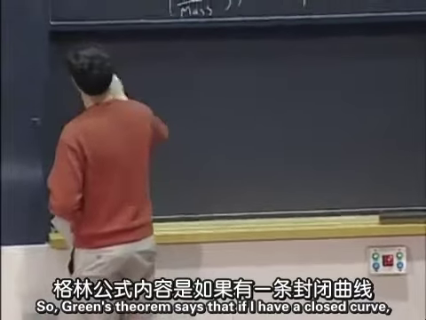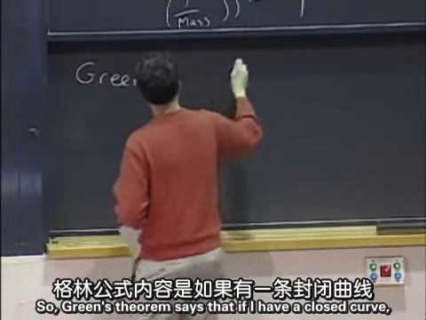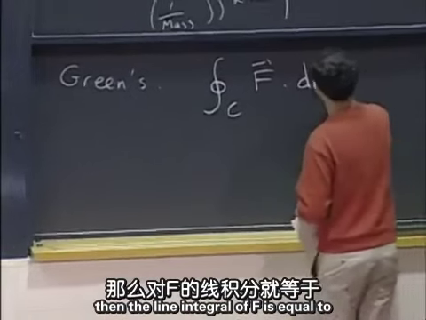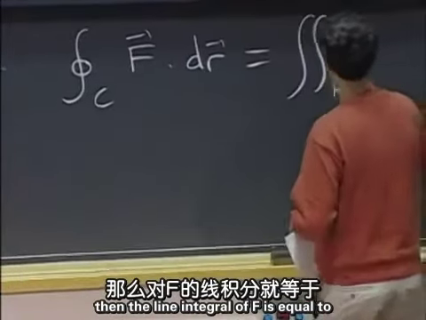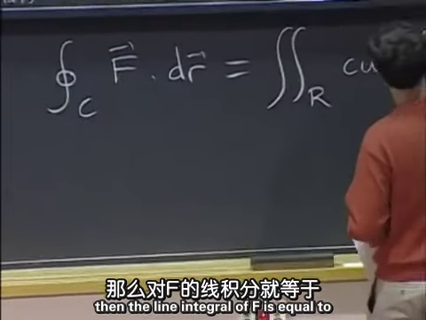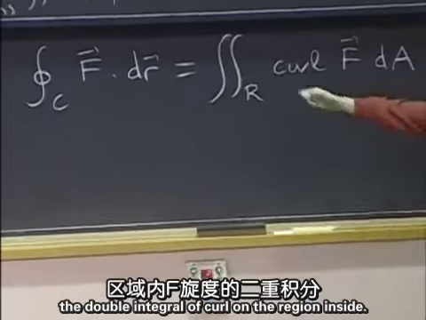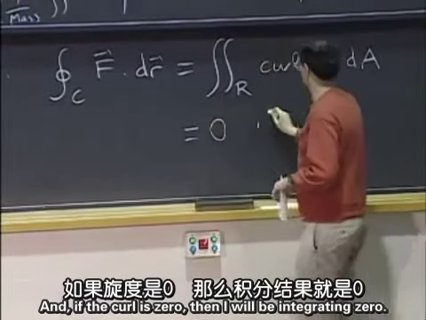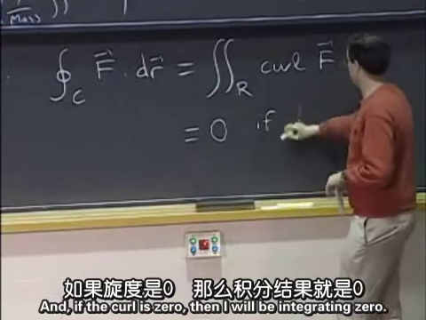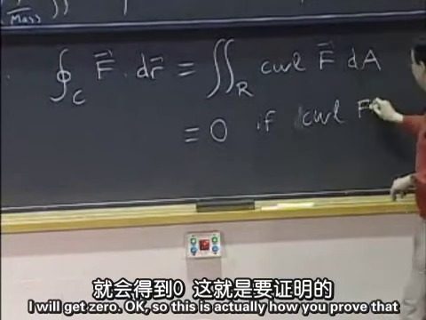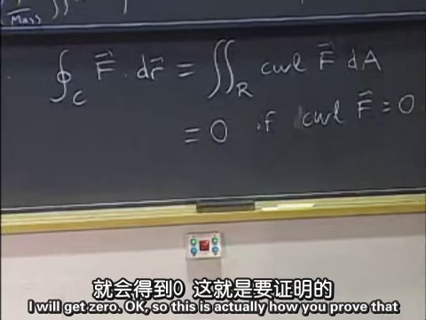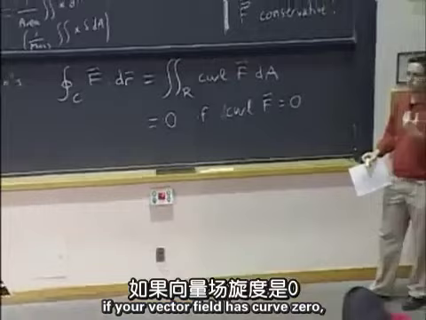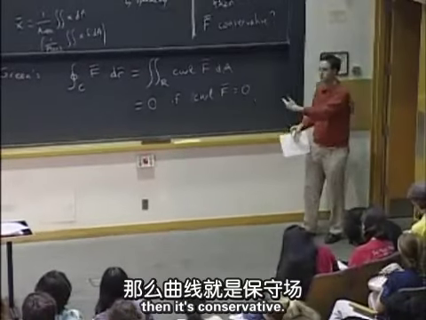So, Green's theorem says that if I have a closed curve, then the line integral of F is equal to the double integral of curl on the region inside. And if the curl is 0, then I will be integrating 0. I will get 0. Okay, so this is actually how you prove that if your vector field has curl 0, then it's conservative.